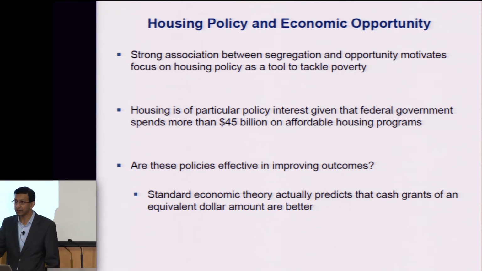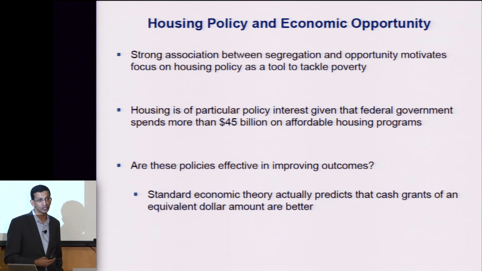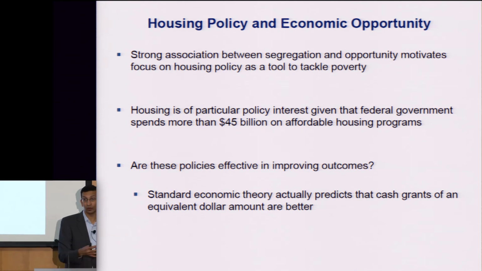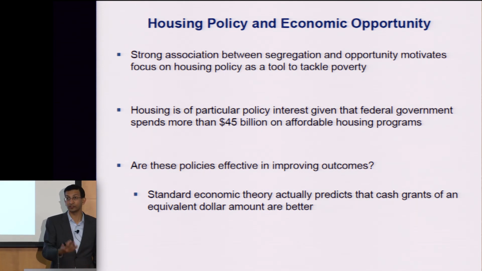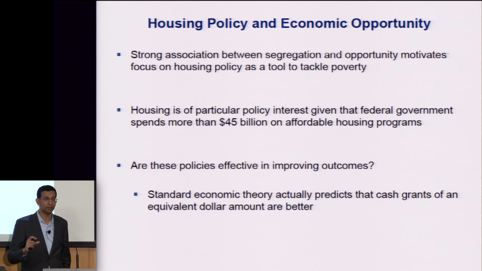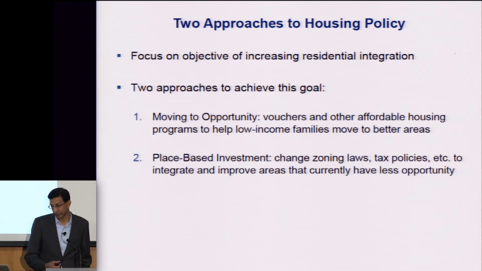So the standard economic model would tell us that if I just give you $10,000 in cash instead of $10,000 in the form of a housing voucher, you should be able to do everything that you can do with a housing voucher with $10,000 of cash, and so why not just give you cash grants? So I think that's an important benchmark to keep in mind as we think about various housing policies. Think about why we're focusing on this particular form of intervention as opposed to something broader of just giving people cash transfers. And I'll have something to say on that in a minute.